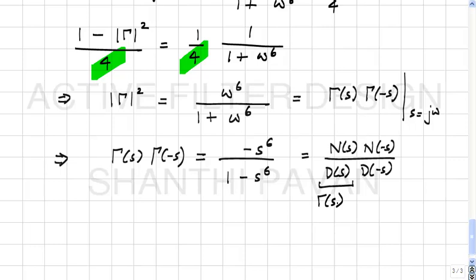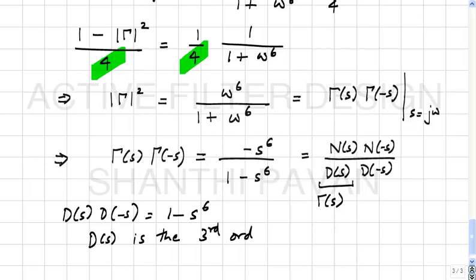And can you notice something about the denominator? Does this sound familiar? This is exactly the same thing that we did for the Butterworth. Okay, so again, D of s must have all poles in the LHP. Alright, and therefore D of s is the third order Butterworth denominator.